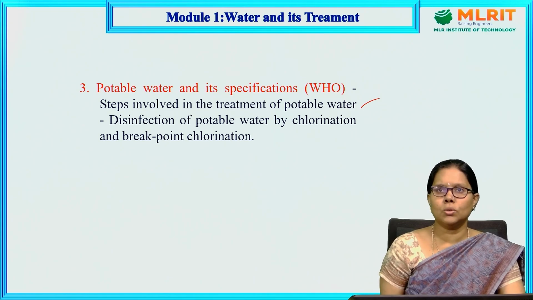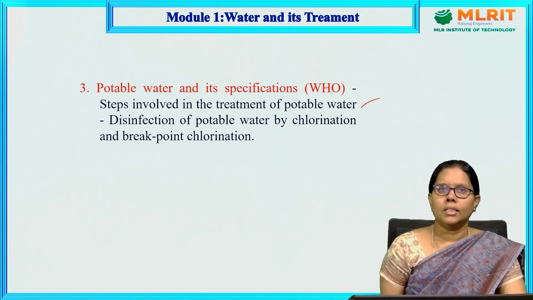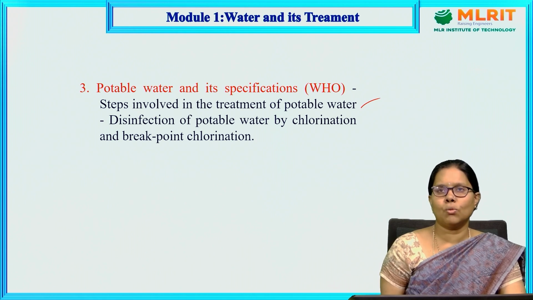Those are sources, screening, sedimentation, coagulation, filtration, disinfection and the supply. These are the 7 steps involved in the purification of water supplied for domestic purposes. Including this, we are going to cover disinfection of potable water by the chlorination process and breakpoint chlorination.